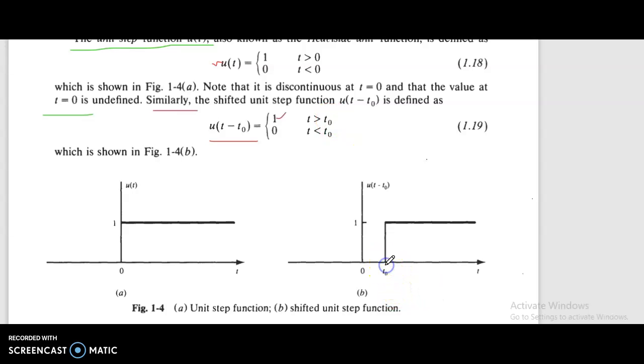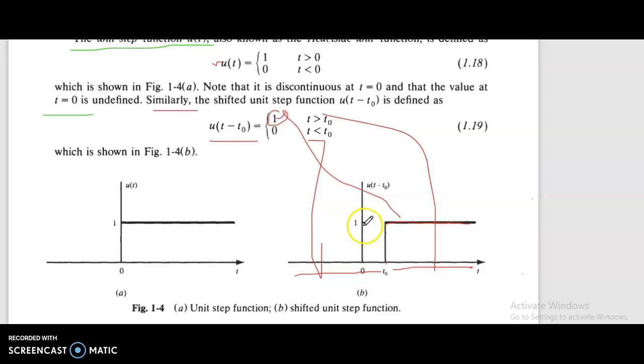So when t is greater than t naught, this area is full greater than t naught, and this area is full less than t naught. That's the first condition, t is greater than t naught, and the second condition, t is less than t naught.